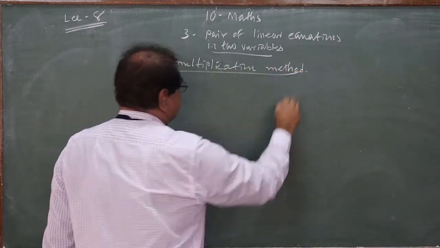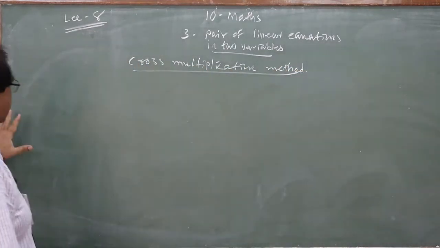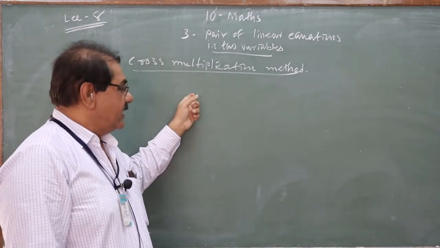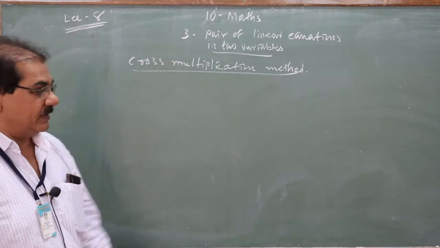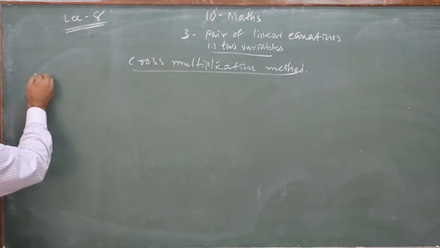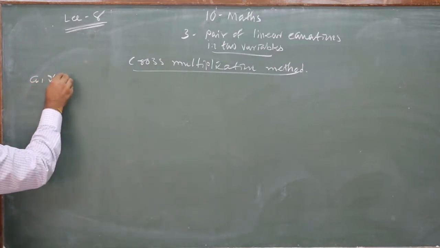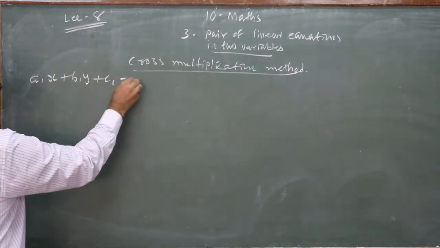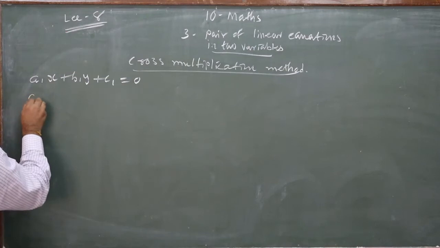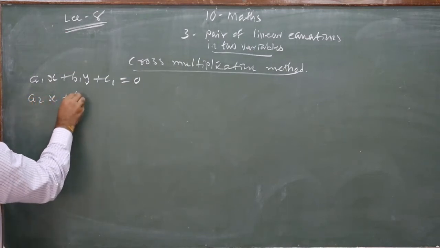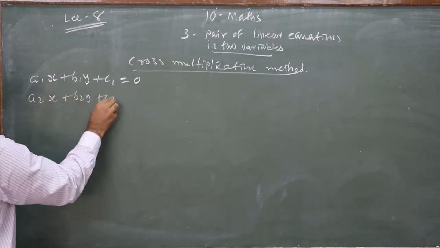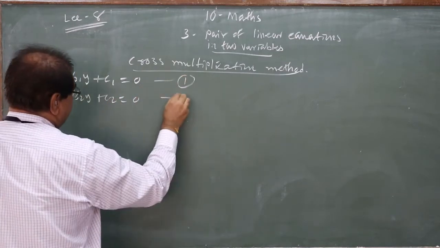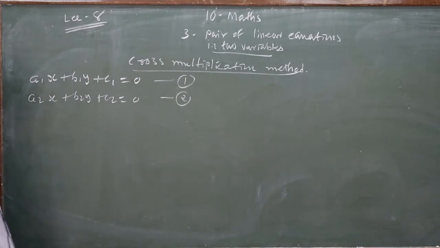It is the last method in this chapter. So to get the statement for this method, I will make use of the method of elimination. Just look here. a1x plus b1y plus c1 is equal to 0, and a2x plus b2y plus c2 is equal to 0. They are respectively equation 1 and equation 2.